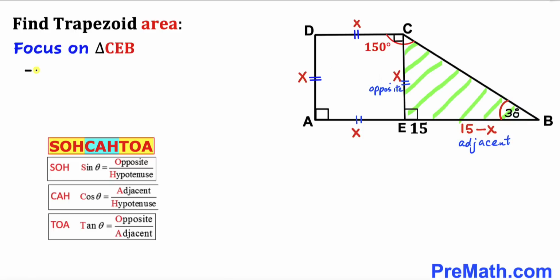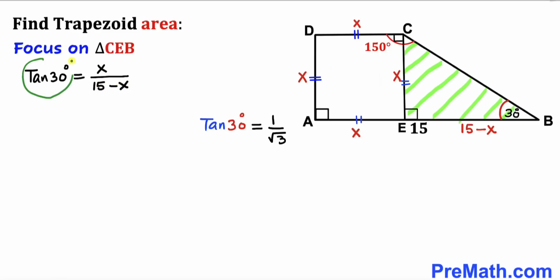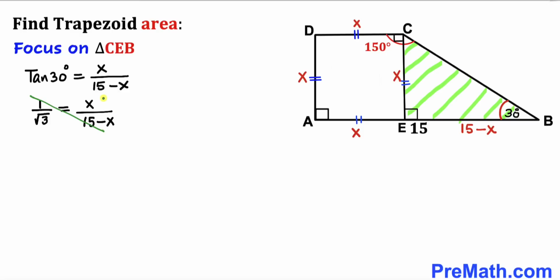So tangent of 30 degrees is the opposite side X divided by the adjacent side 15 minus X. We know that tangent of 30 degrees is 1 divided by square root of 3. So the left-hand side becomes 1 divided by square root of 3 equals X divided by 15 minus X.